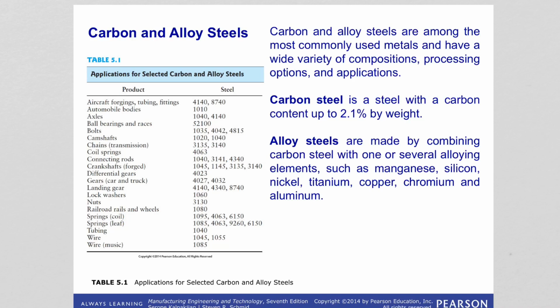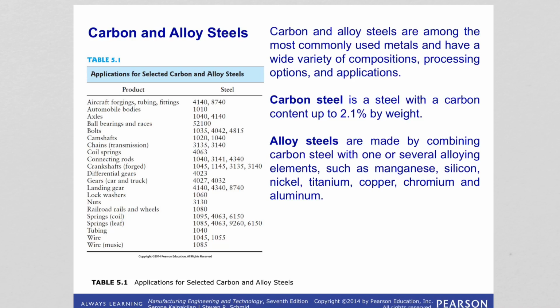Okay. So carbon and alloy steels are among the most commonly used metals, and of course have a wide variety of compositions, processing options, and applications. When we say carbon steel, we understand it has a carbon content up to 2.1%.